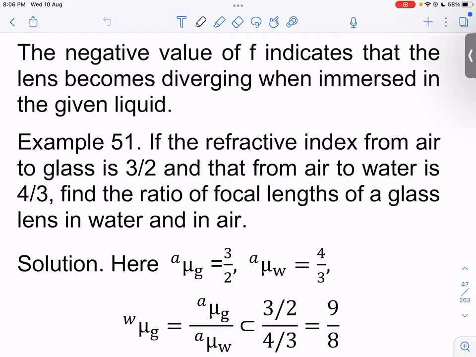Glass lens in water and glass lens in air. It's 3/2.